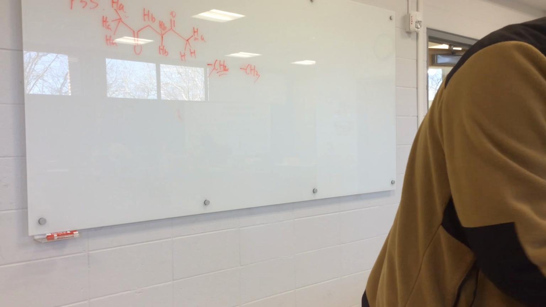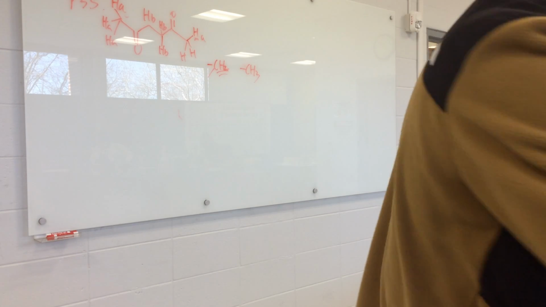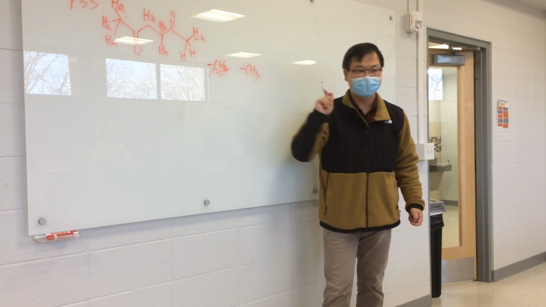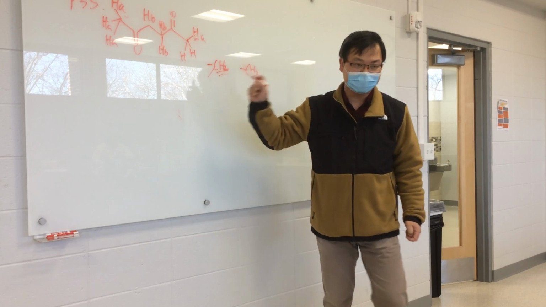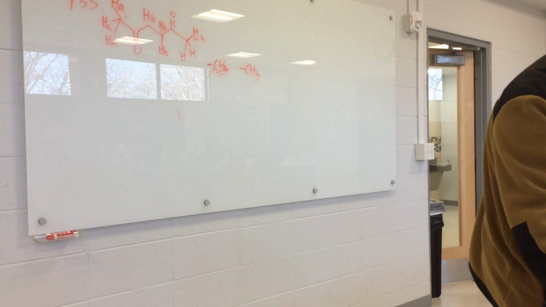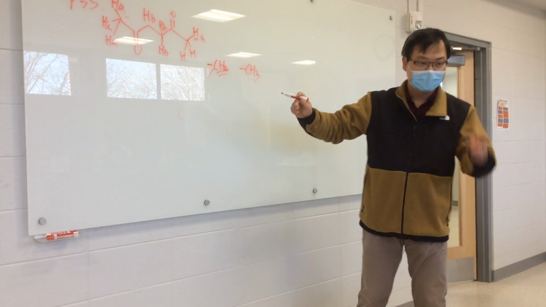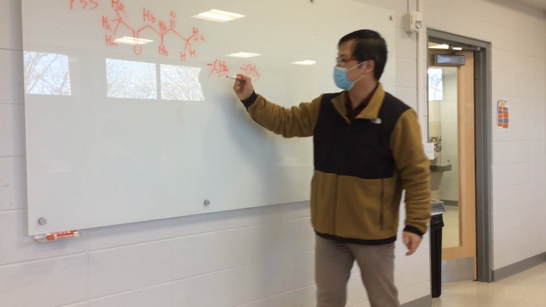You see that table 9.1. We need to get a trend. So these usually have higher chemical shift, right? You see that they have higher chemical shift.